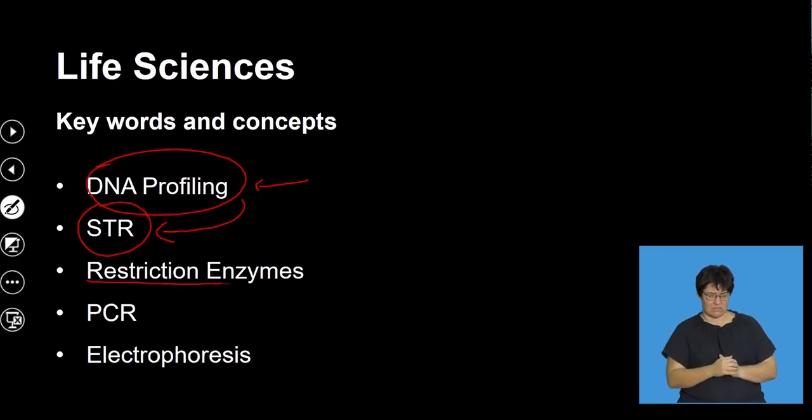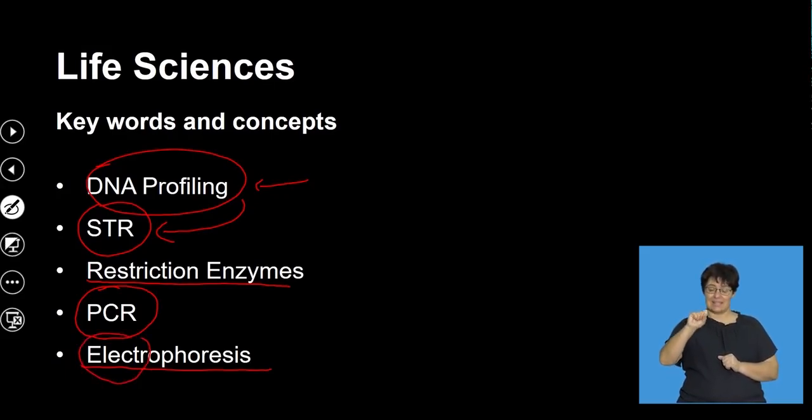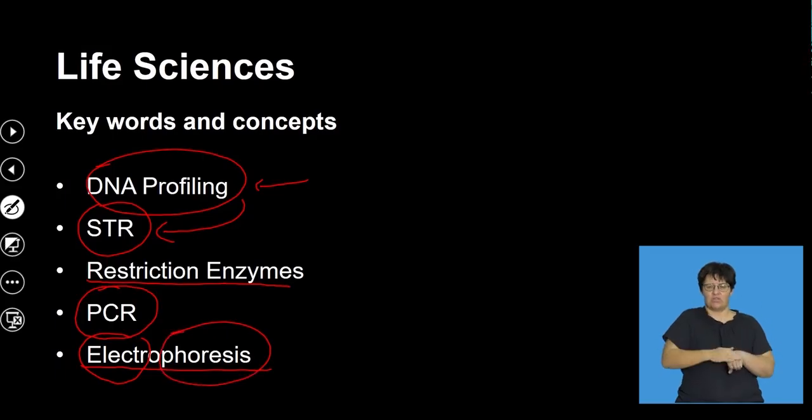We're going to look at the use of restriction enzymes in the process of DNA profiling. A concept that will be elaborated on during the lesson would be PCR, which is essentially a process of copying the DNA. And then we're going to look at the process of electrophoresis, which is using some form of electrical charge to separate out molecules.